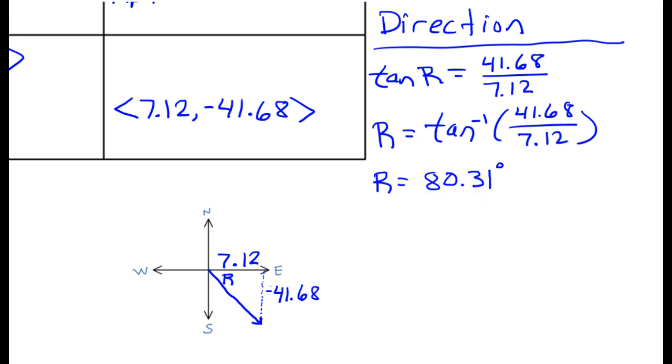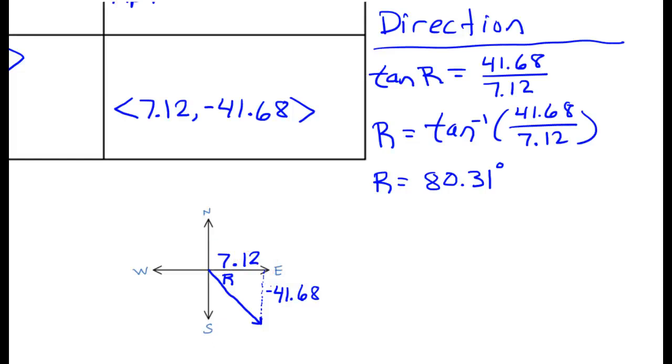Now we have to be careful about how we describe the direction. We've learned three different ways of describing direction. Measuring from the positive x-axis all the way around. That's what we've been using on the chart so far. There's also something called bearing, where you measure from the positive y-axis clockwise.